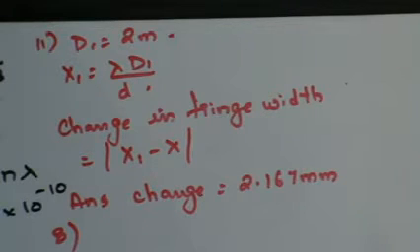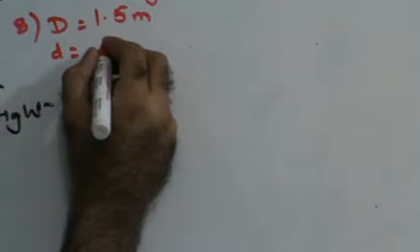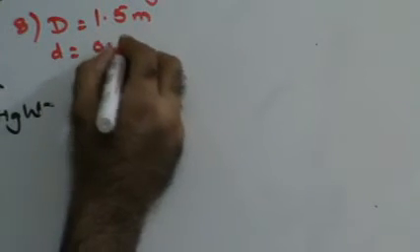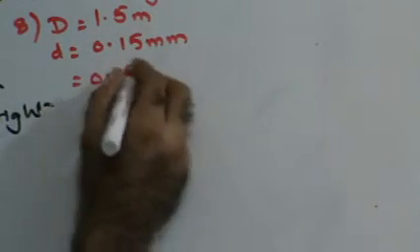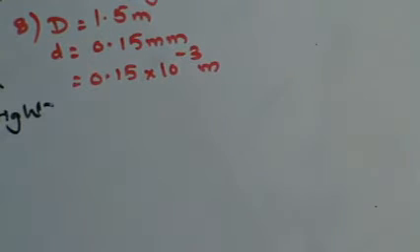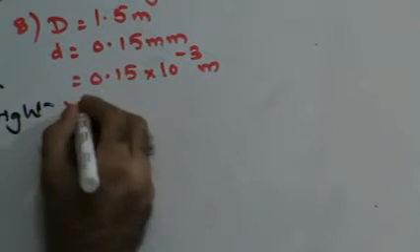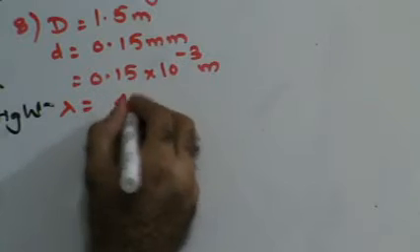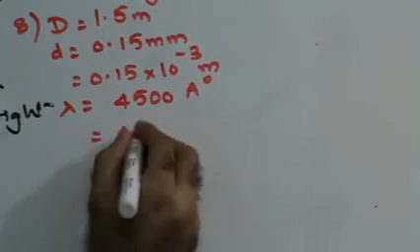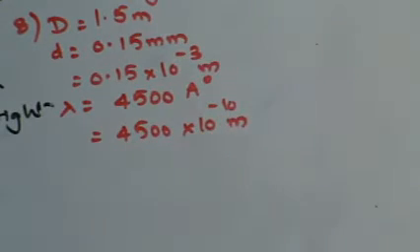In Young's experiment, interference bands are produced on the screen placed 1.5 meters from two slits separated by 0.15 millimeters. Light of 4,500 Angstrom units is used.